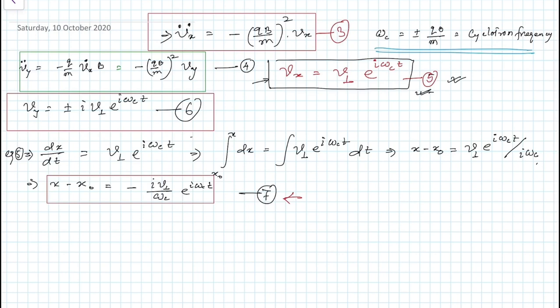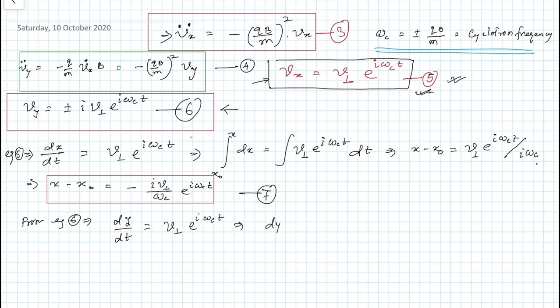So now again from equation number 6, we can write Vy as dy by dt, which is equal to v perpendicular e to the power i omega c t.